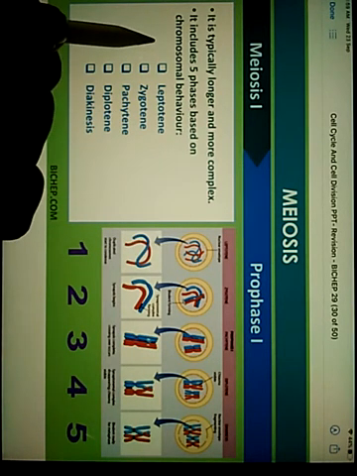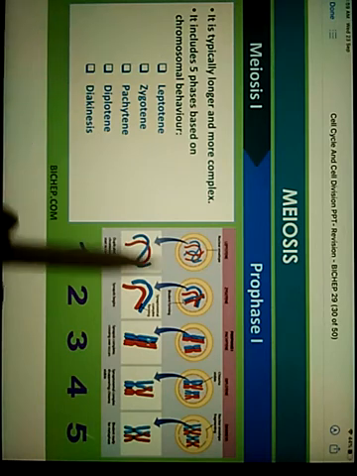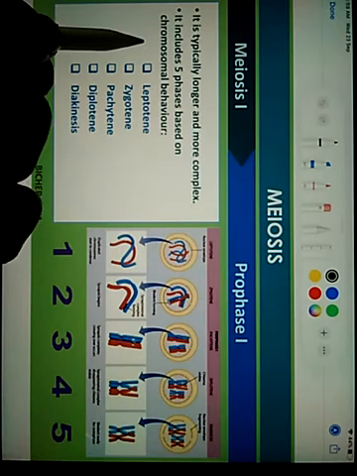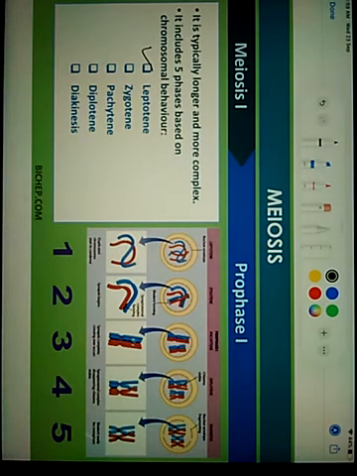If you think about the first step, it is known as Leptotene. Second is Zygotene. Third is Pachytene. Fourth is Diplotene. And fifth is Diakinesis.